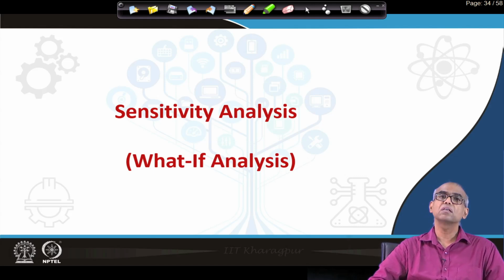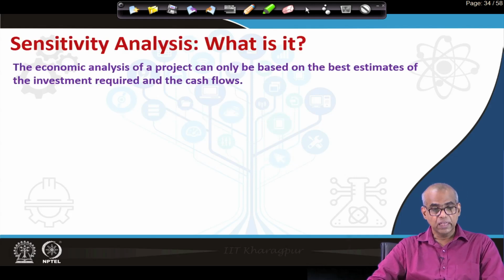There are uncertainties in these input values. So, what happens to this profitability analysis when the inputs on which it is based change? The economic analysis of a project can only be based on the best estimates of the investment required and the cash flows.